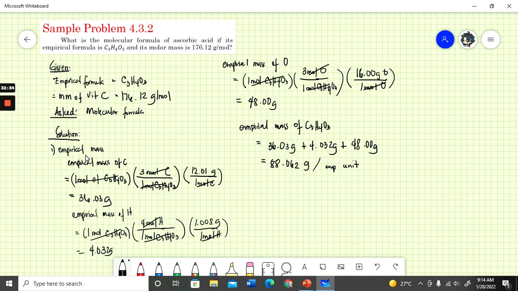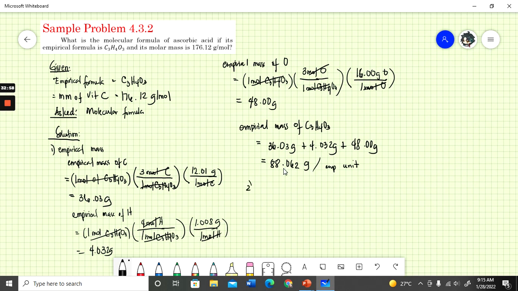After finding the empirical mass of your compound, what you want to do next is to find the multiplier. How do we find the multiplier? You have to take the molecular mass of your compound, basically the ascorbic acid, and divide it by the empirical mass.